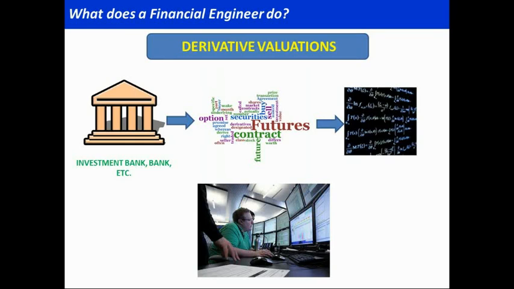To find the correct value of those derivatives, one needs some complex mathematics and some data analytics to arrive at a proper value for these instruments, so that the bank knows the total value of its assets as against its liabilities.